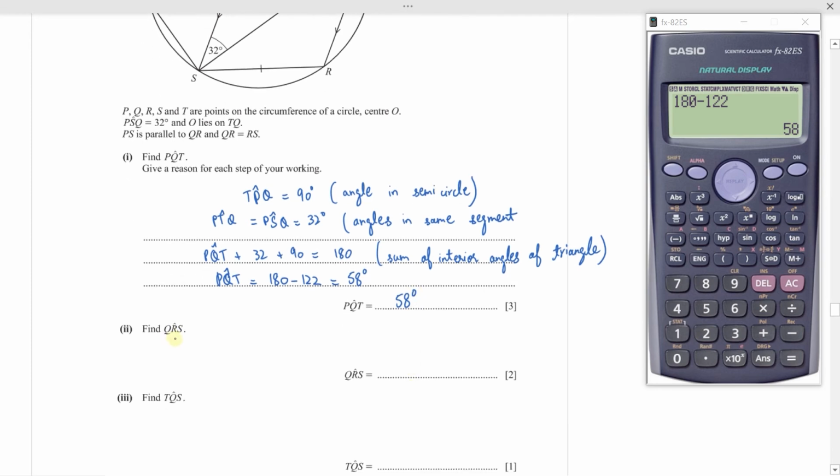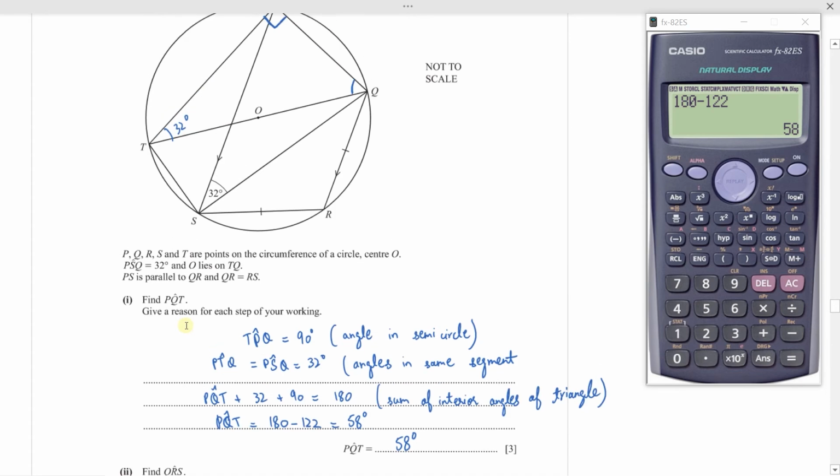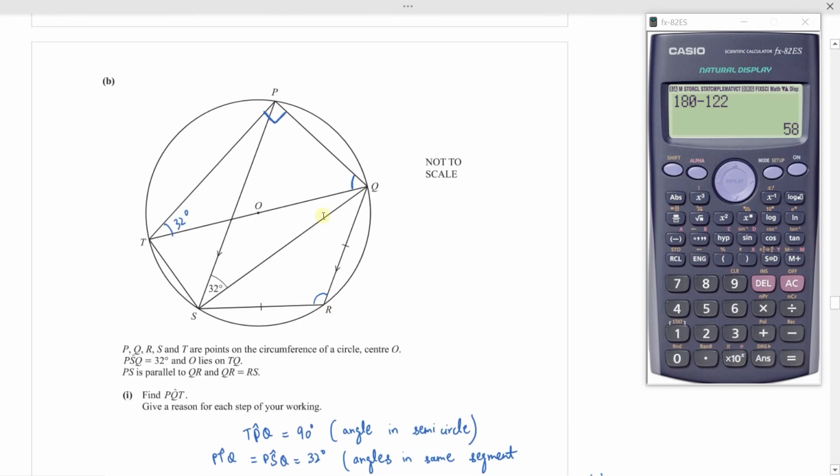The next part is find angle QRS. So QRS is this angle here that we need to calculate. We are given that these lines PS and QR are parallel. So this angle here and this angle here will be equal because SQ is passing through these two parallel lines.